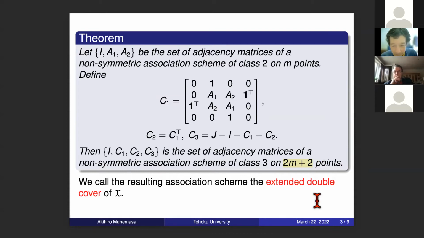It's not difficult to observe that this C3 is actually a permutation matrix. So one could call this an antipodal double cover, hence the name extended double cover. So we call the resulting association scheme the extended double cover of the original association scheme. I forgot to write that this X is the name for the original association scheme.